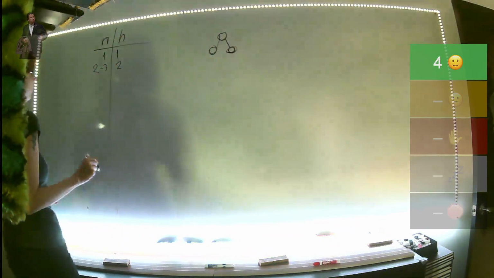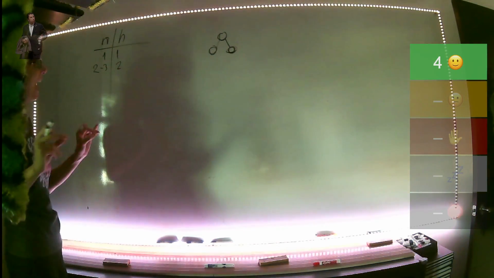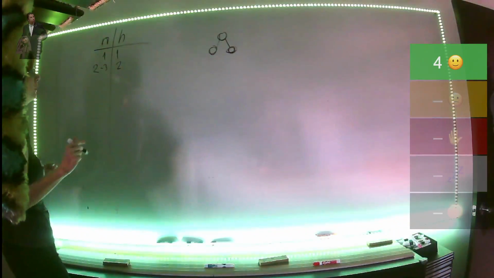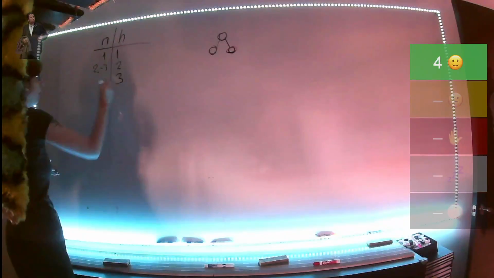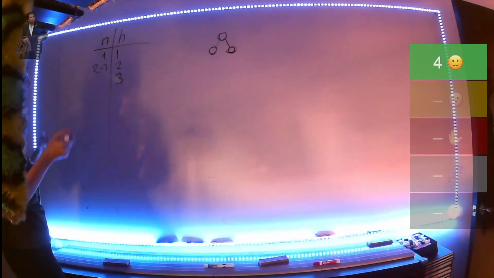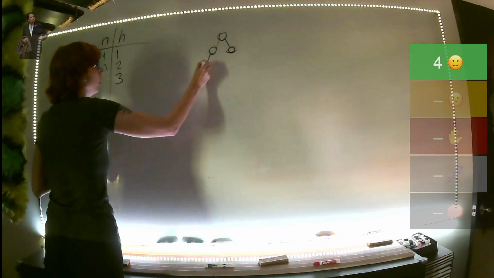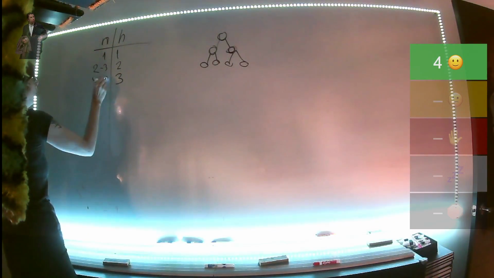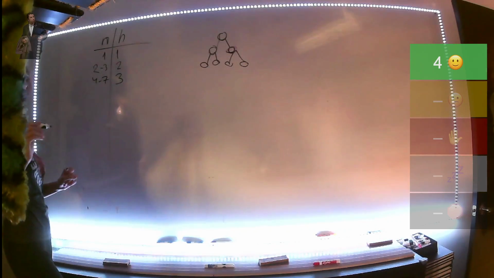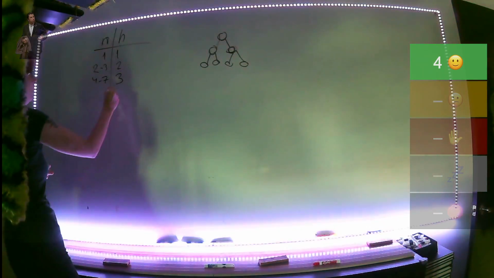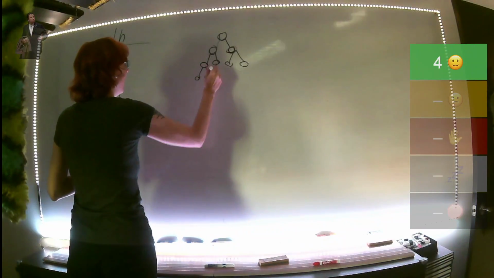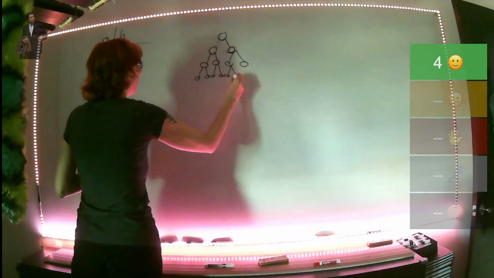So if I add a new level to this tree, how many nodes am I going to be able to house? If I increment my height to 3, how big can I make it? I could put nodes 4, 5, 6, and 7. So 4 to 7 gives me a height 3. If I add a new level, if I make the height 4, I could add 8, 9, 10, 11, 12, 13, 14, and 15.